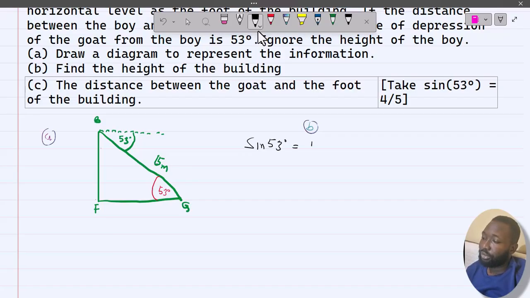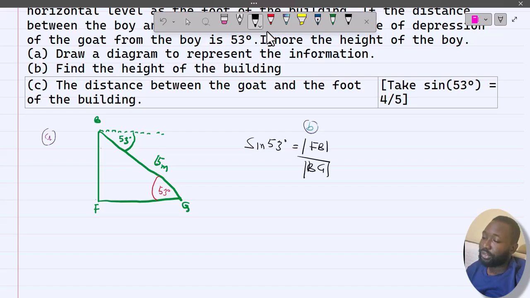Opposite here is our FB all over our hypotenuse, which is our BJ.